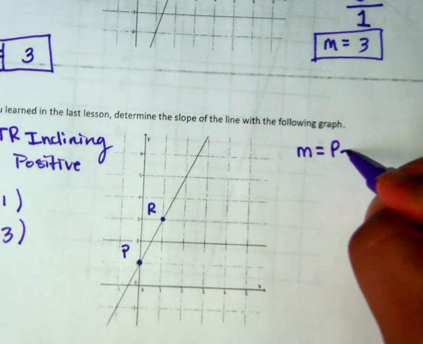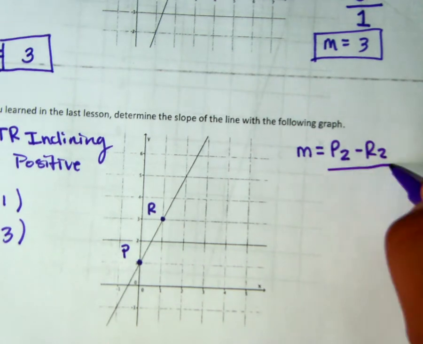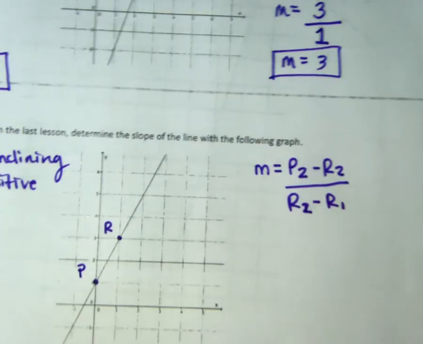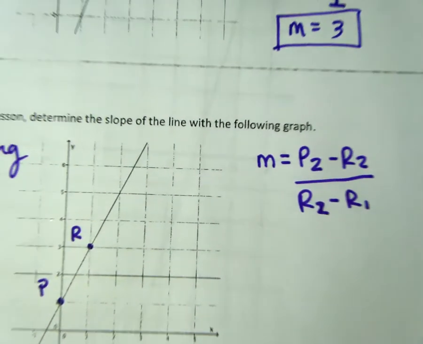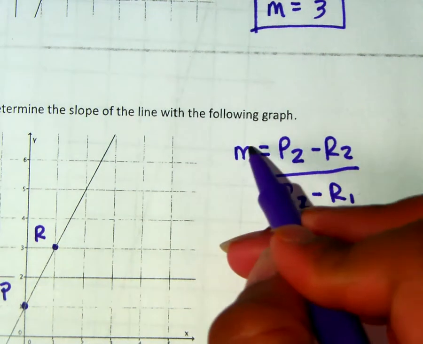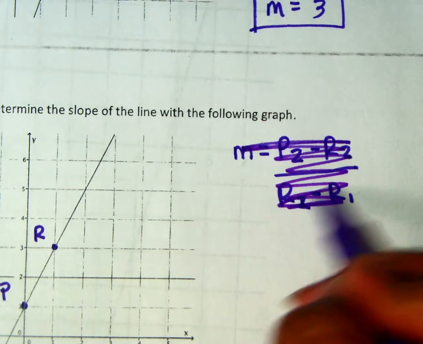Remember, we find slope by taking P2 and subtracting R2, and then dividing by P1 and subtracting R1. Miss Matthews messed that up.